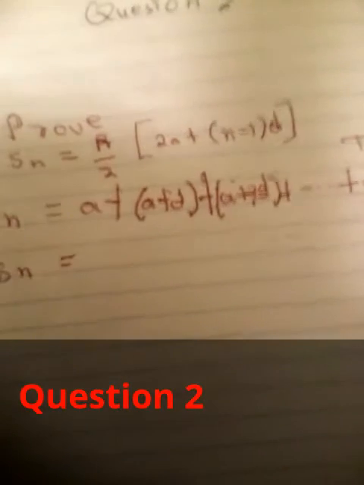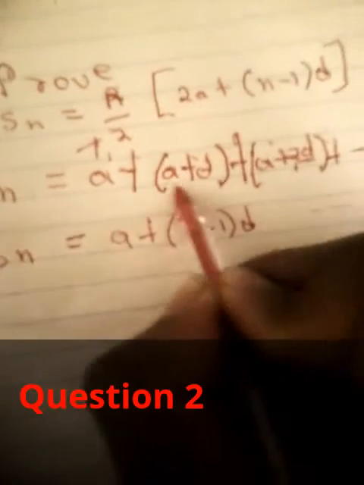It's the same thing. This is the first equation. So let's do the second equation. It will be a plus what, the last term? A plus the general formula, a plus (n minus 1) d. This is T1.